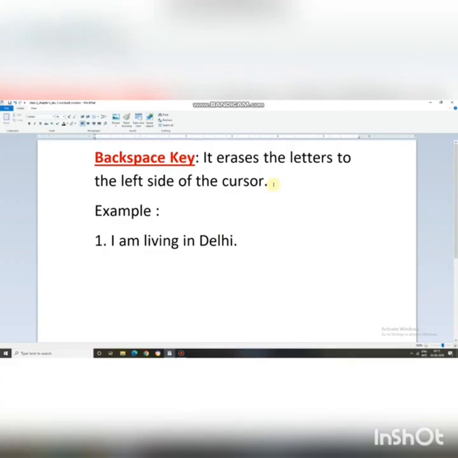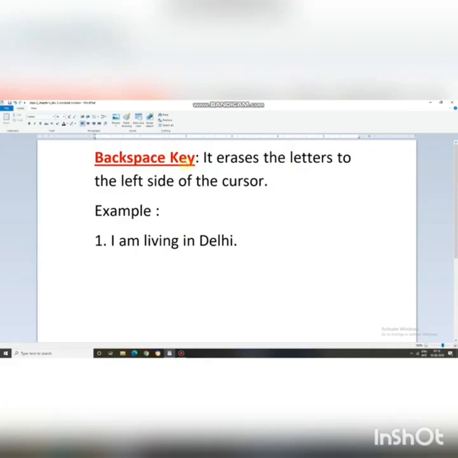In order to erase those letters, numbers, or special characters which are typed, you use the backspace key. We use the delete key.